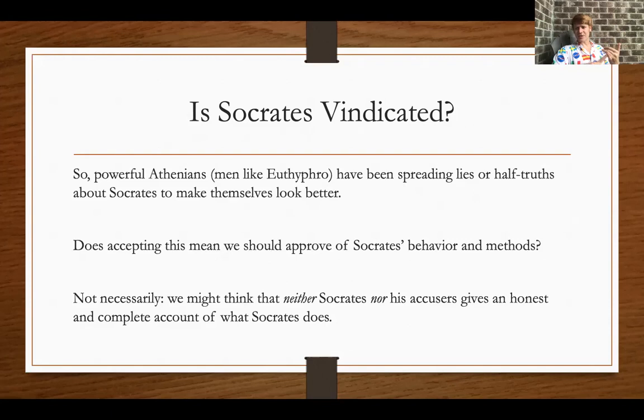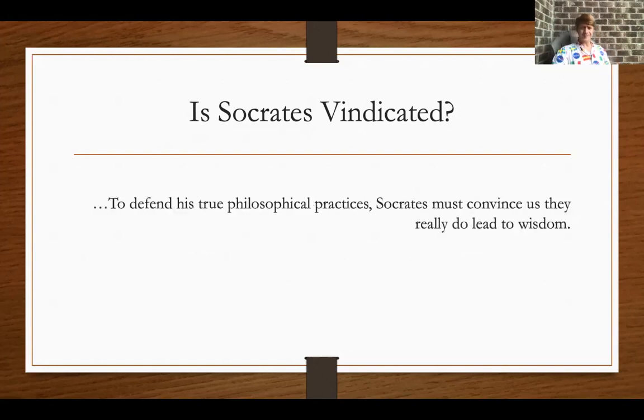We might say that Socrates doesn't even understand his own method, and that his accusers don't understand the method either. So we can say, okay, Socrates is being wrongly accused, but we can also say, look, his methods are not good ones for obtaining wisdom, right?